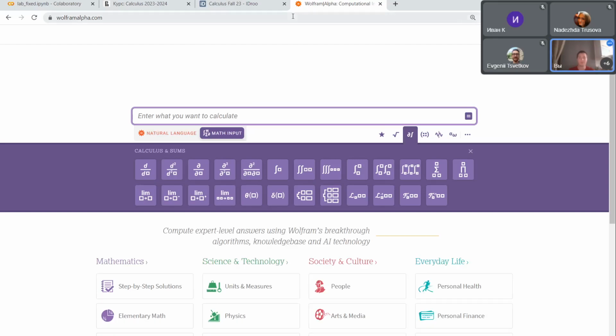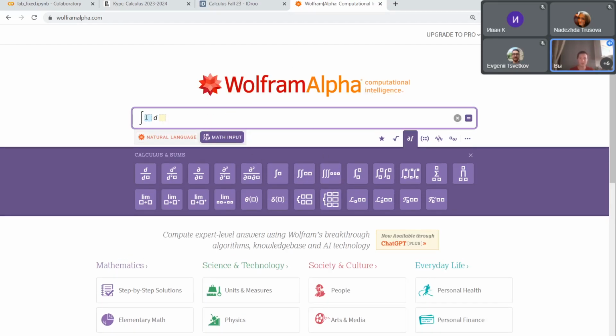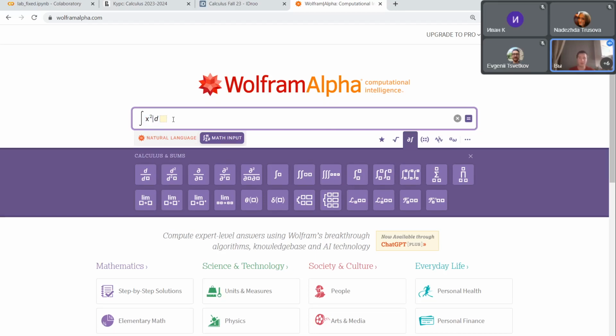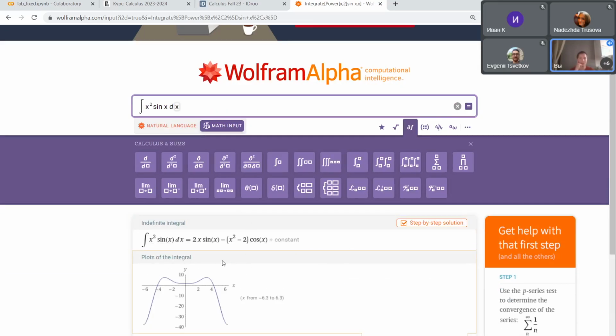For example, we can take Wolfram Alpha and ask it to compute some integral, like x squared multiplied by sin x. So let's ask it to compute it. Look, it can be easily done. It computes the antiderivative and gives you the indefinite integral.